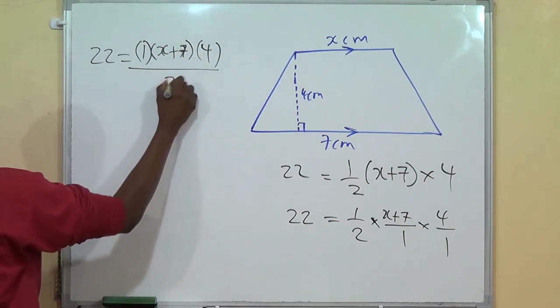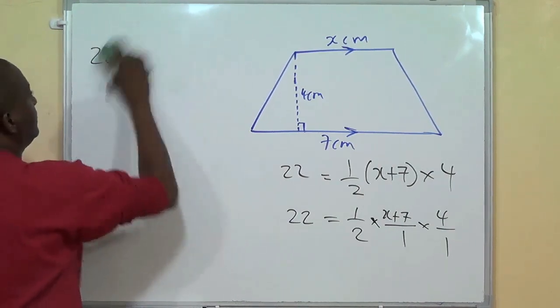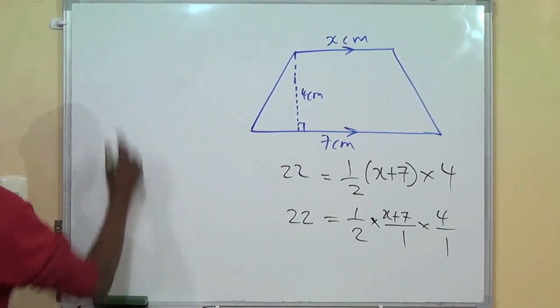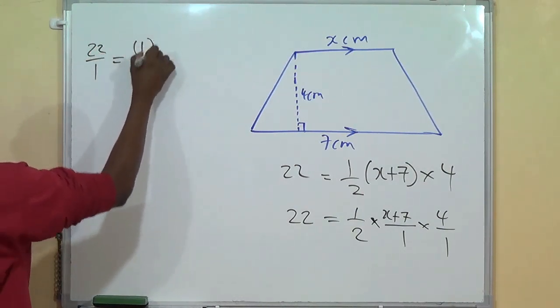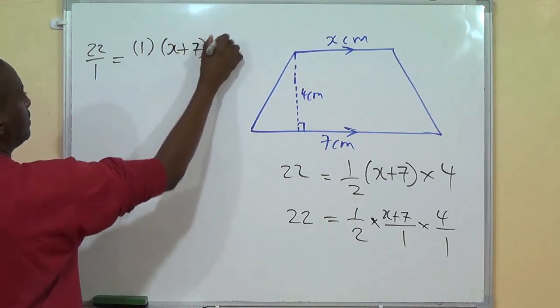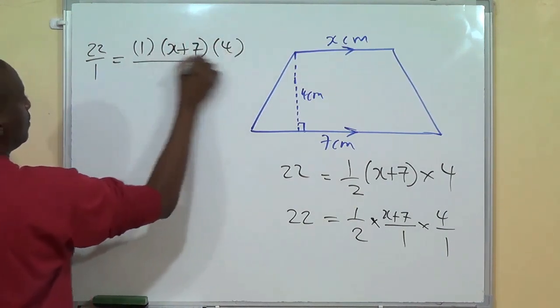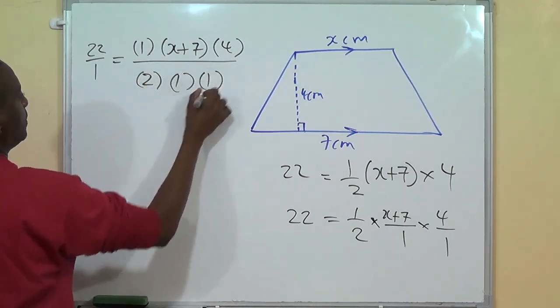All over 2. Well, it will be 2 by 1 by 1. Let me just write this over. So we get 22, which is the same thing as 22 over 1, is equal to 1 by x plus 7 by 4 all over 2 by 1 by 1.